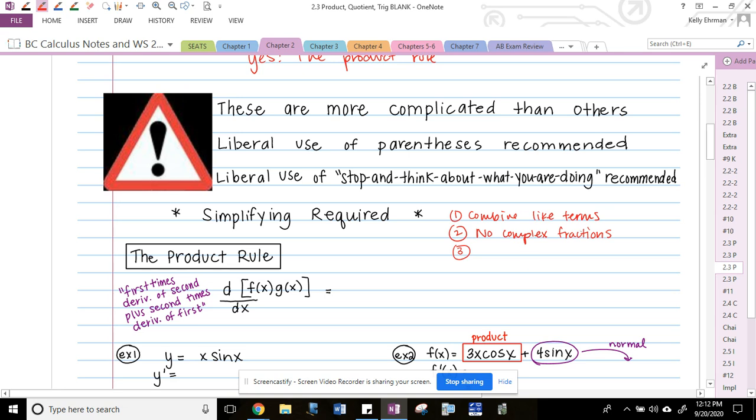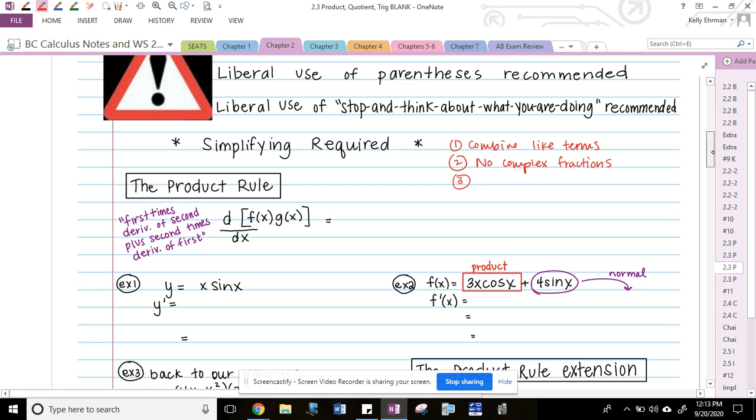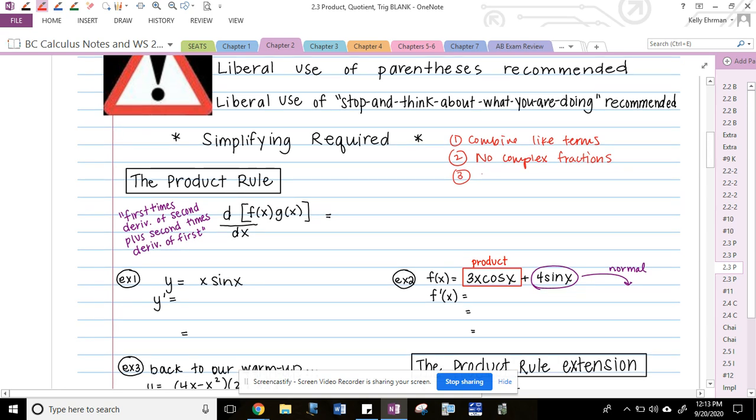Combine like terms, complex fractions. I think that might be it. I guess I could say no negative exponents. I don't know if that's going to come up or not. I feel like there was a third bullet point. I'll double check that later.